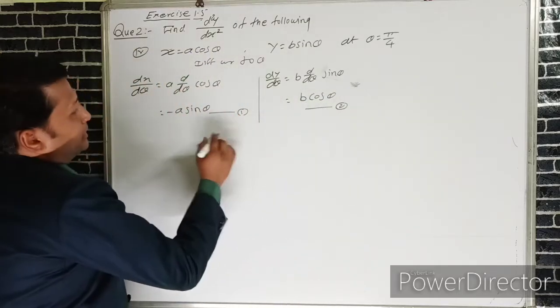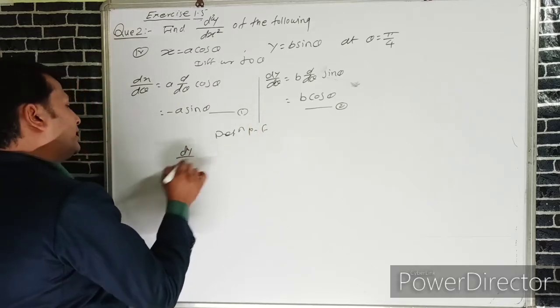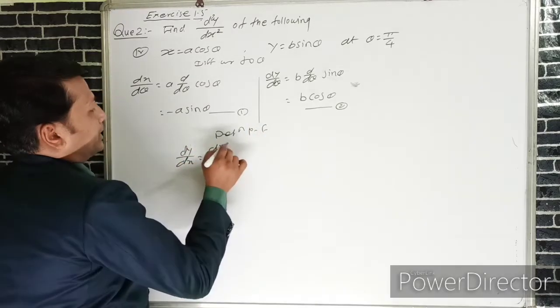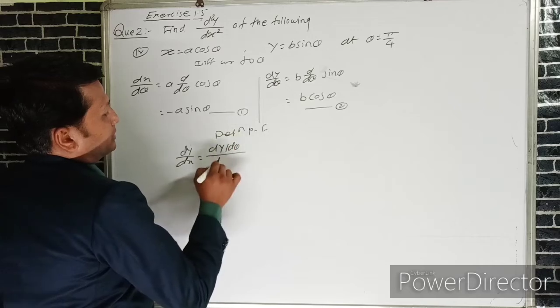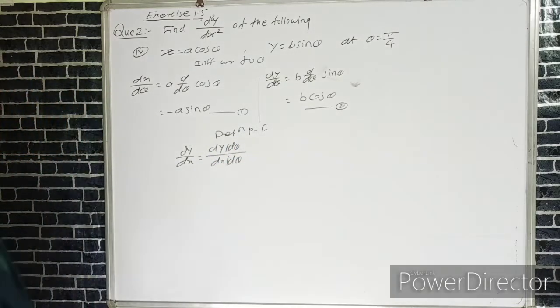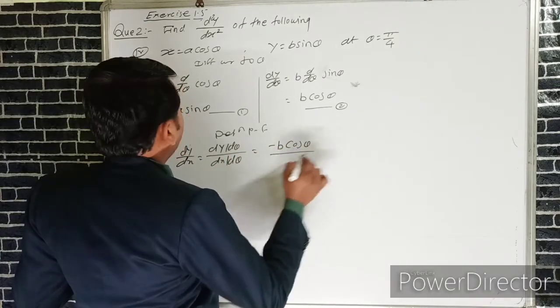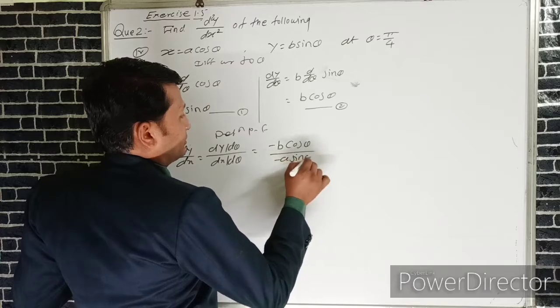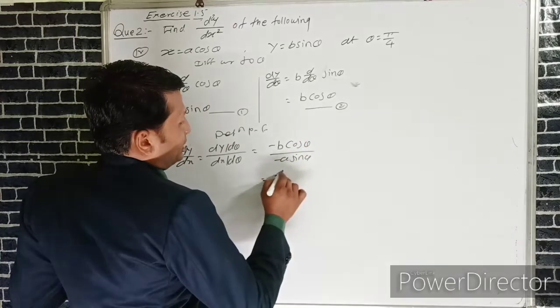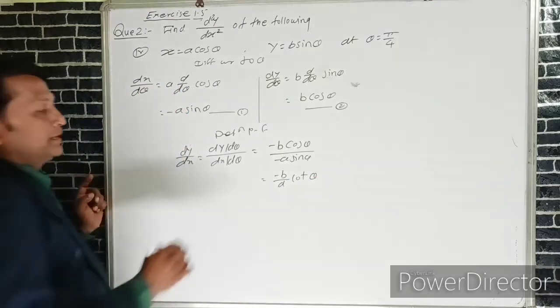By the definition of a parametric function, we can write dy upon dx is equal to dy by d theta upon dx by d theta. The value of dy by d theta is b cos theta, and dx by d theta is minus a sin theta. We can write cos upon sin part, minus b upon a cot theta, which is dy by dx.